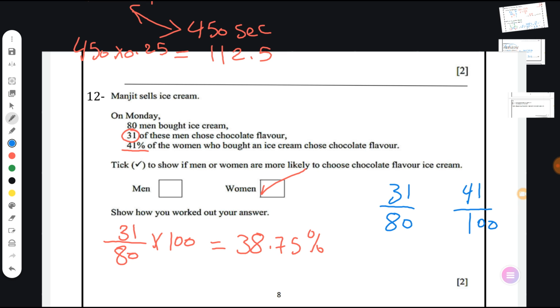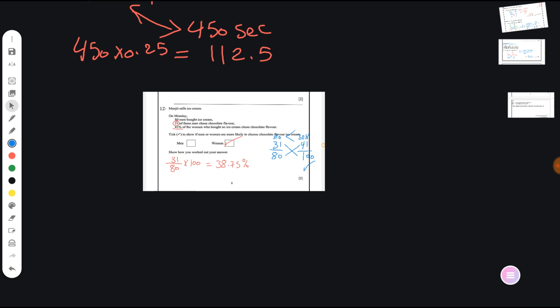Using cross multiplication, you can find that this number is 310 and this number is 328. This number is greater, which means women are greater. If you don't want to use percentages, you can solve it using fractions.